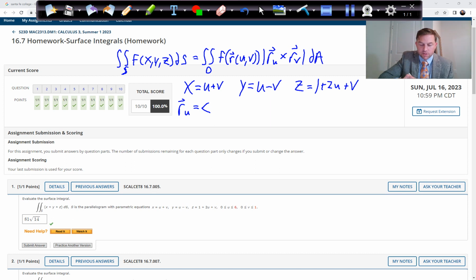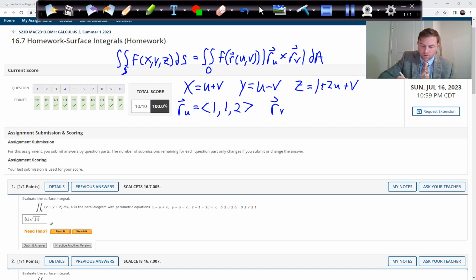The partial derivative of x with respect to u is 1. The partial derivative of y with respect to u is 1. The partial derivative of z with respect to u is 2. Anything that's not a u goes away, and anything that is a u, it's just regular derivative rules. The derivative of 1u is 1, the derivative of 2u is 2, etc.